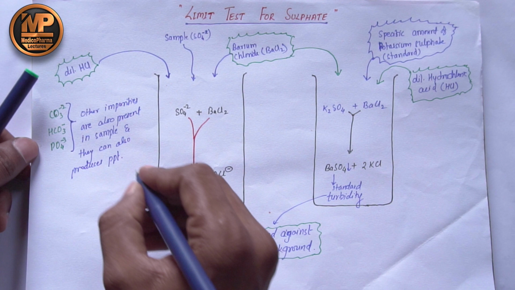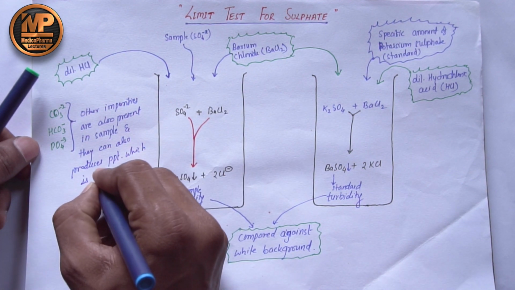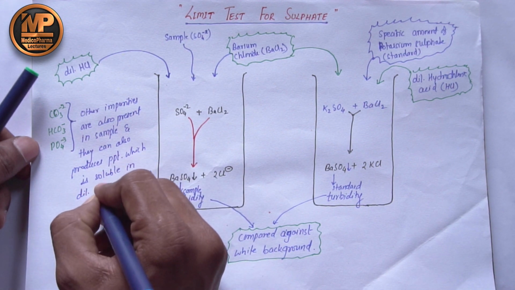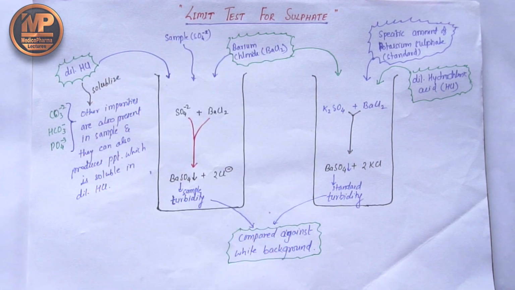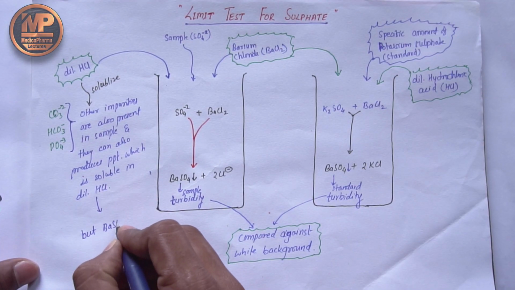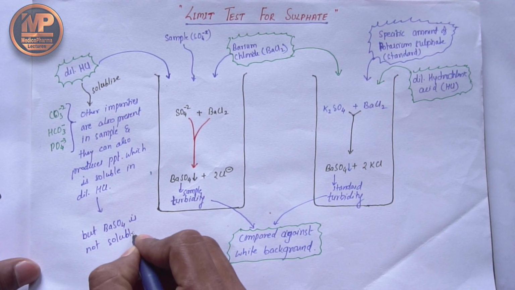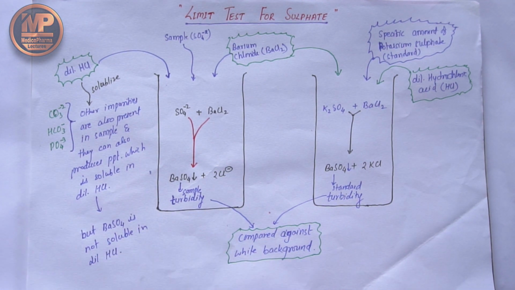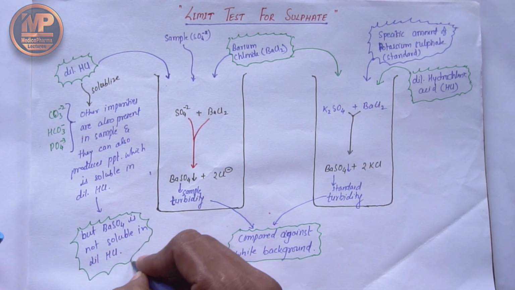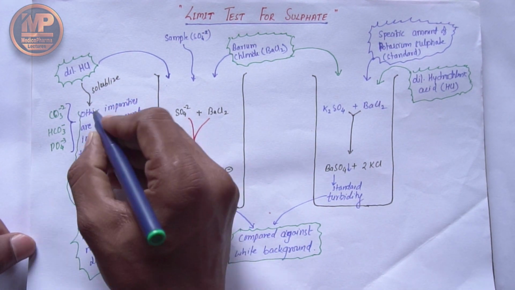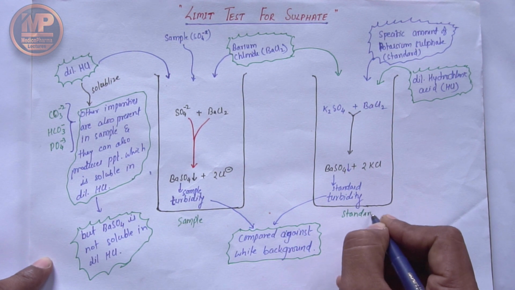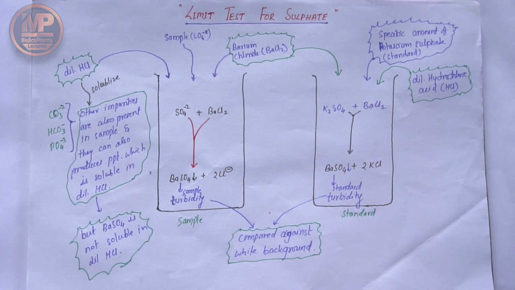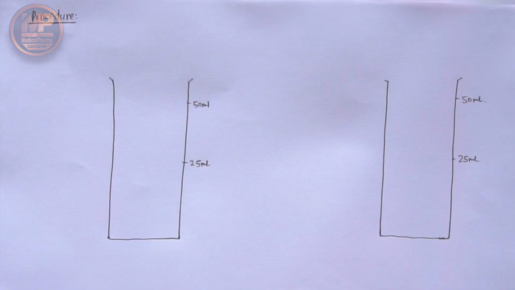So we have to remove this precipitate, and this can be done by adding dilute hydrochloric acid, which will solubilize it. But the barium sulfate turbidity produced by the sample is not soluble in dilute hydrochloric acid. Along with that, dilute hydrochloric acid and barium chloride have a common ion, chloride, which shows the common ion effect and helps in fast production of barium sulfate turbidity.